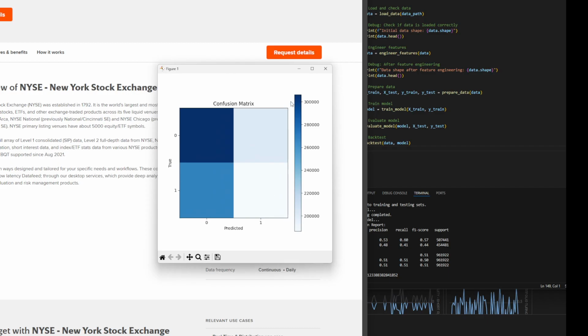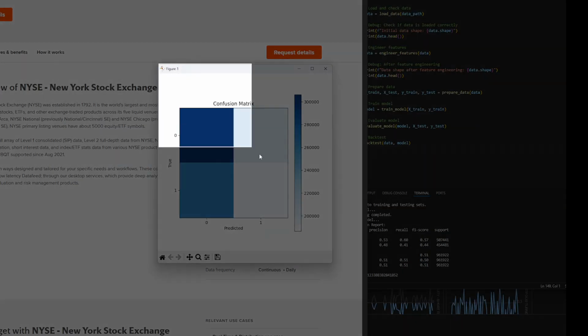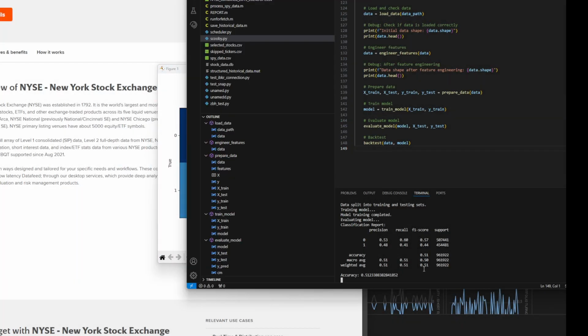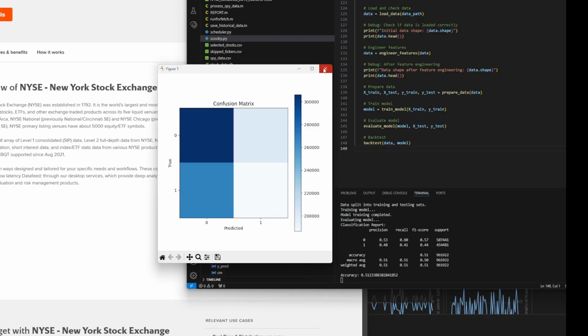No, all right, you are confusing me, because 0 0 seems to be the best because it's giving me the most money. Is that money? I don't know. I'm not sure what that is. Let's say accuracy of 51%, which is not great.